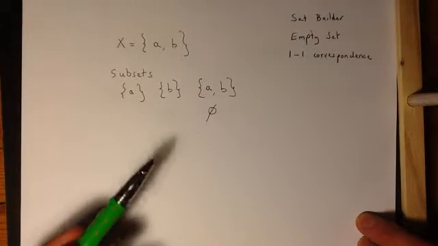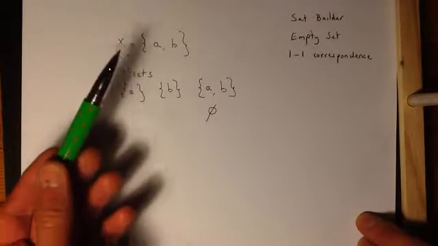So there are in fact 4 subsets of the set X.